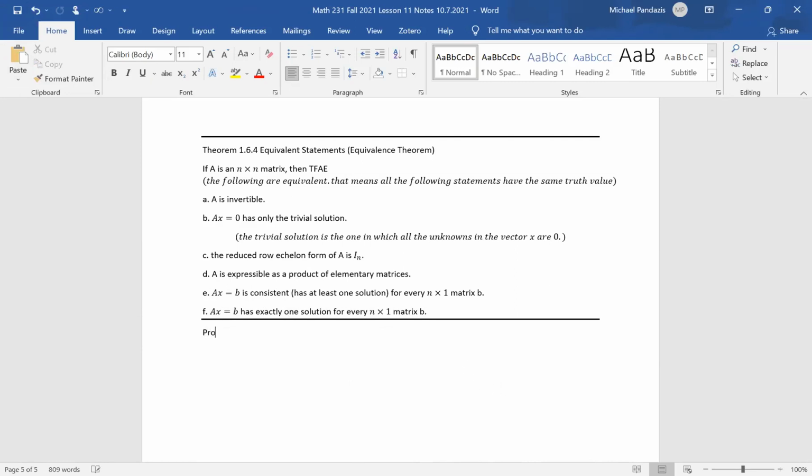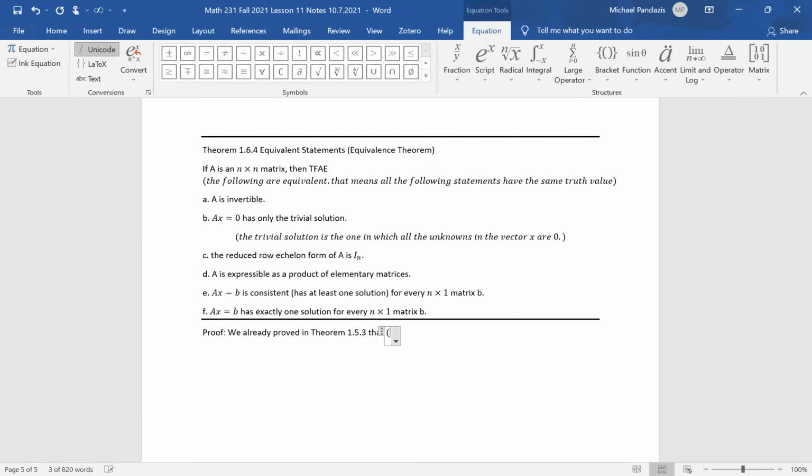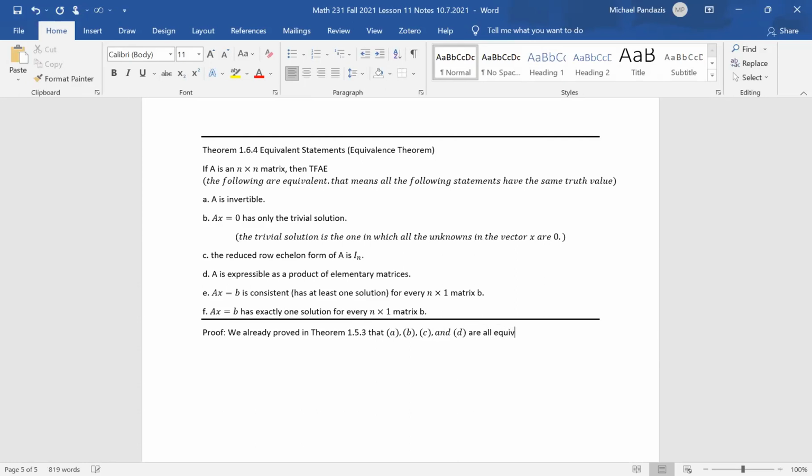So now we're going to prove this theorem. We already proved in theorem 1.5.3 that A, B, C, and D are all equivalent, have the same truth value.